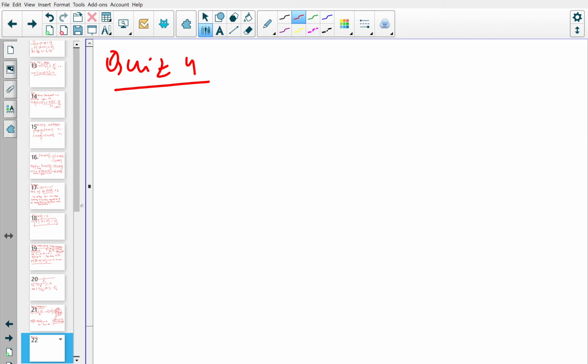You have a standard normal variable, or Gaussian distribution, with mean 0 and sigma square 1. Obviously you already learned the moment generating function, so you can use that.